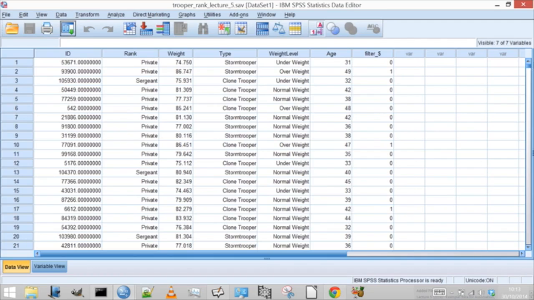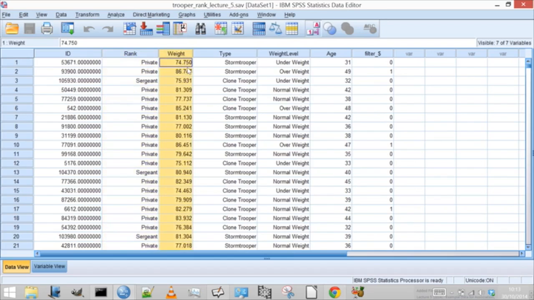So, fortunately, we can generate a contingency table very easily when our data is in this format. So let's just have a look again at what we've got. We've got just an ID number. That's just an arbitrary number for each, but it's unique. It uniquely identifies each individual in this data set. We have their rank listed.